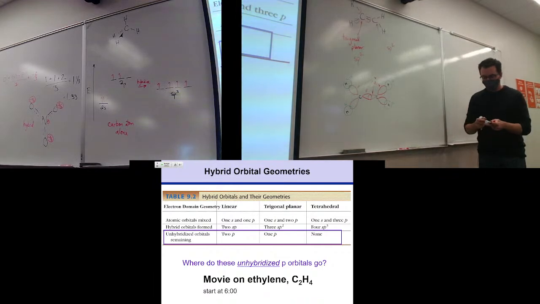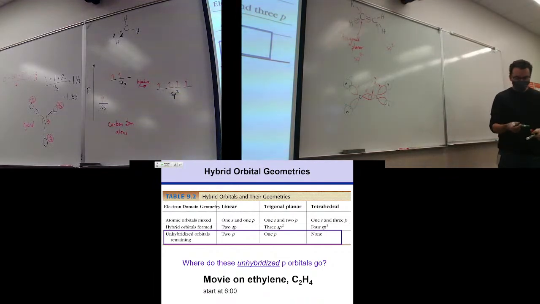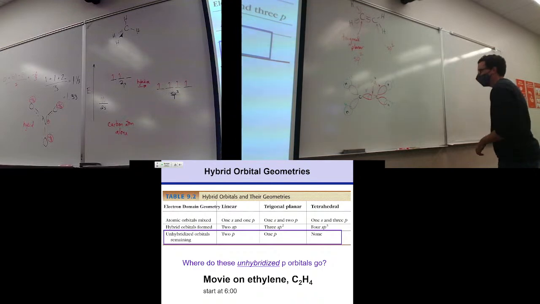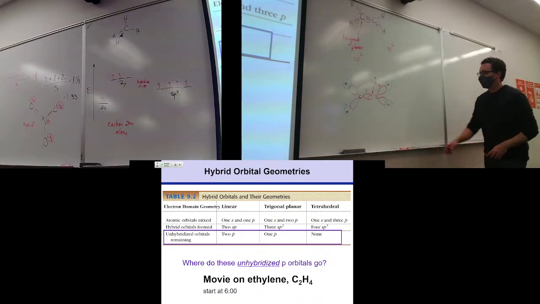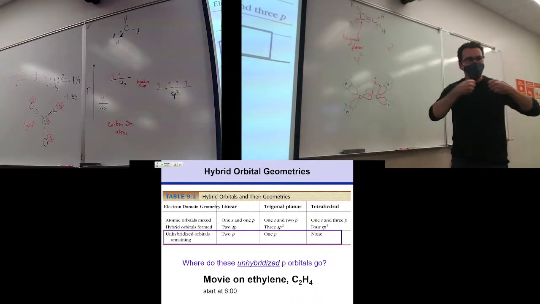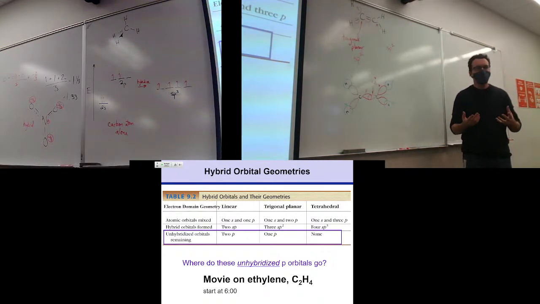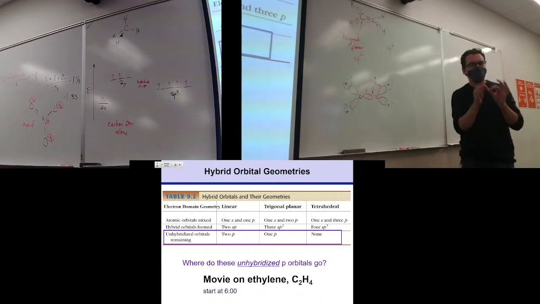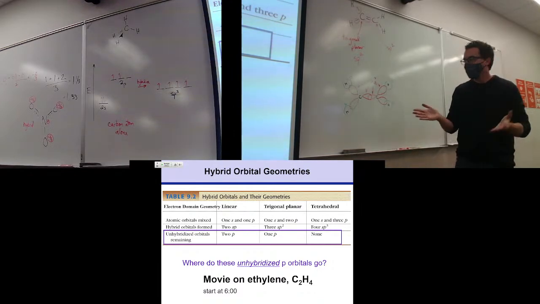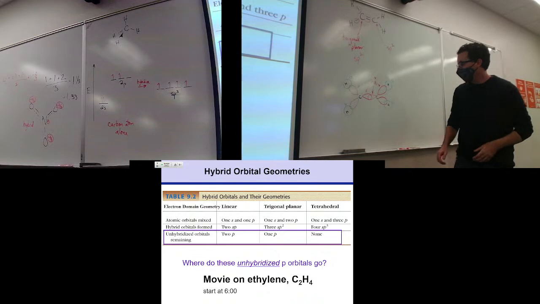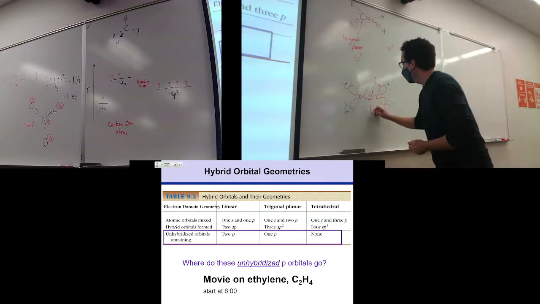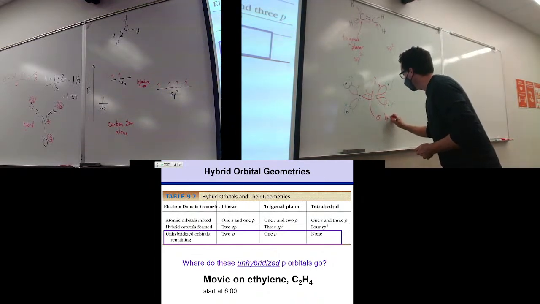So before we move on, I want to talk about the kind of overlap that occurs. And we haven't talked about it yet because it hasn't come up, but anytime you have this end-to-end overlap of orbitals, more specifically you can define it as an overlap of orbitals in only one spot at a time, this is what is known as a sigma bond.